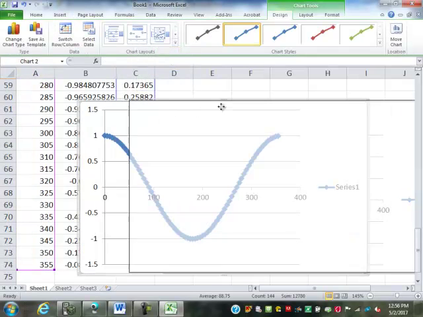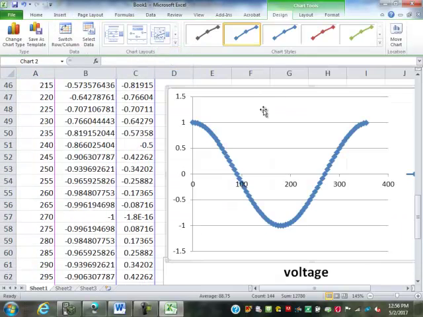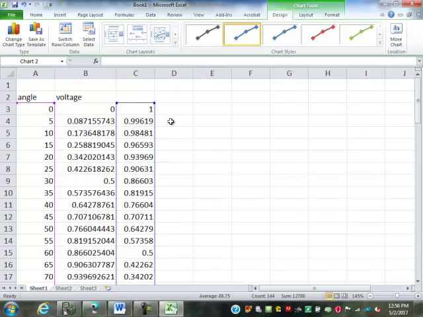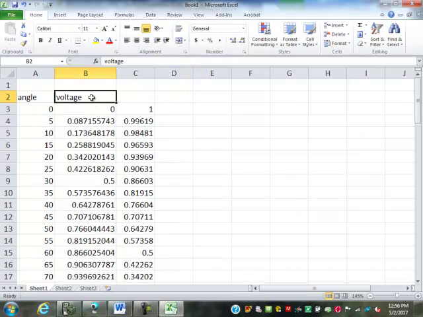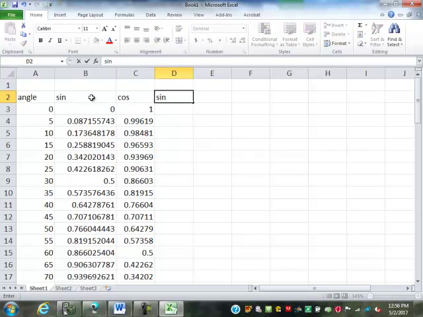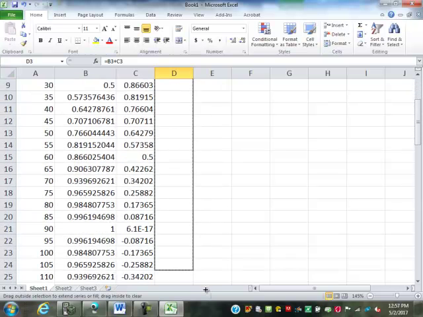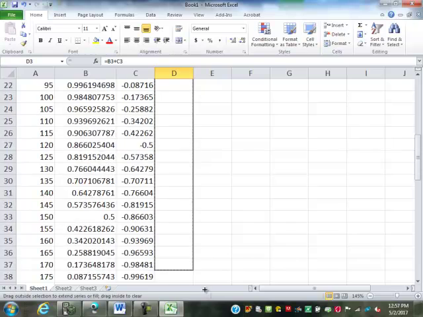There's y equals cosine x. So this is sine, cosine. Do sine plus cosine. It's actually kind of a neat graph.